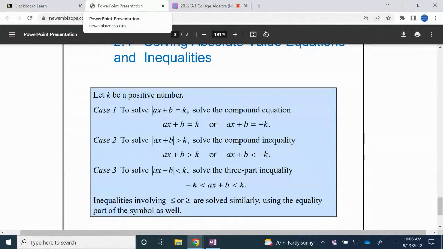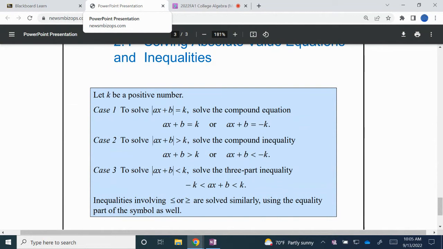Okay, and if we look at case number 2, we have the absolute value greater than. So it says the absolute value of ax plus b is greater than k. Then we have to solve the compound inequality.